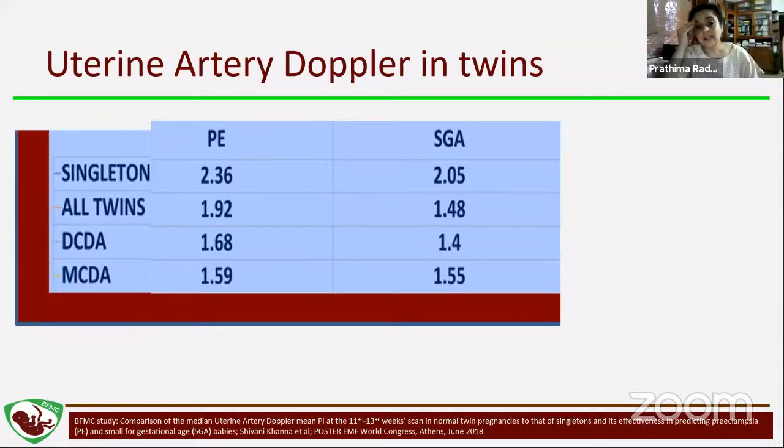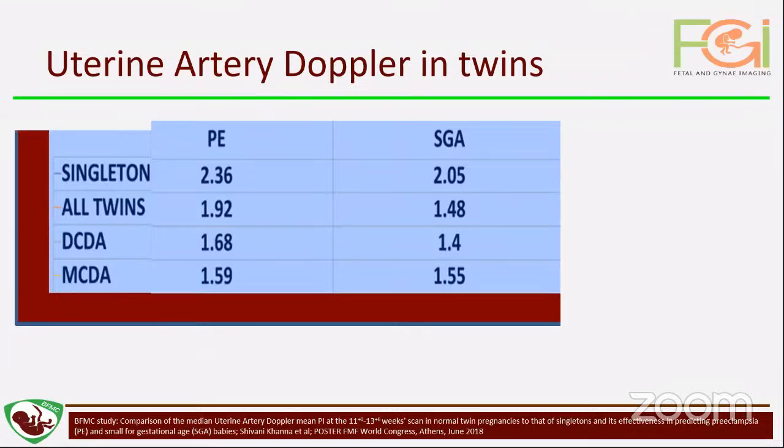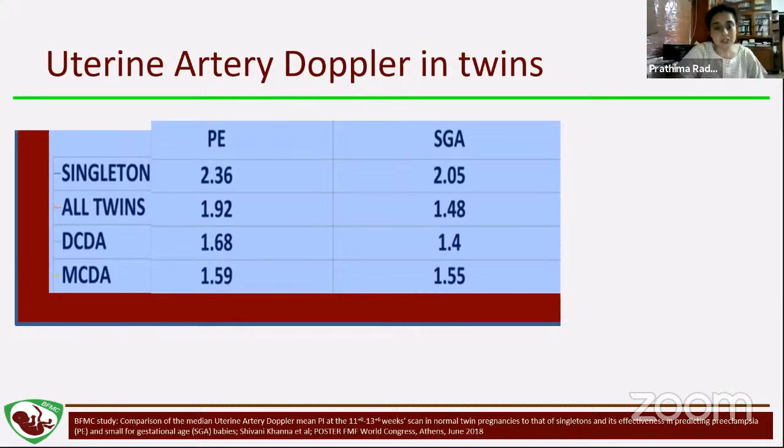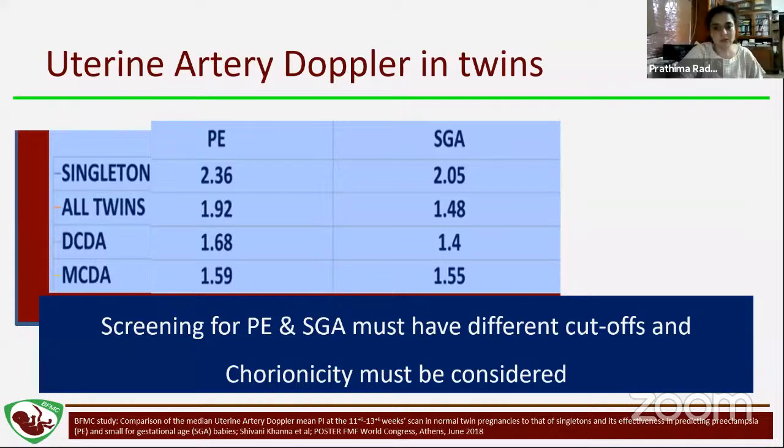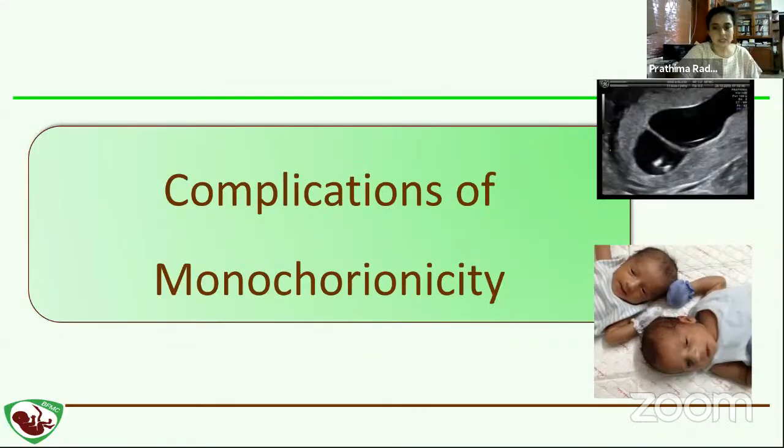So the fact that they're already at increased risk, more likely they are going to be monitored closely anyway. But as an obstetrician, it's good for you to be aware that the uterine artery PI thresholds is different in twin pregnancies compared to the singleton pregnancies. What we had suggested from the study was that we need to have different cutoffs, and chorionicity must be considered, because again, mono and dichorionics are a bit different, where the monochorionics are closer to the singletons than the dichorionics.